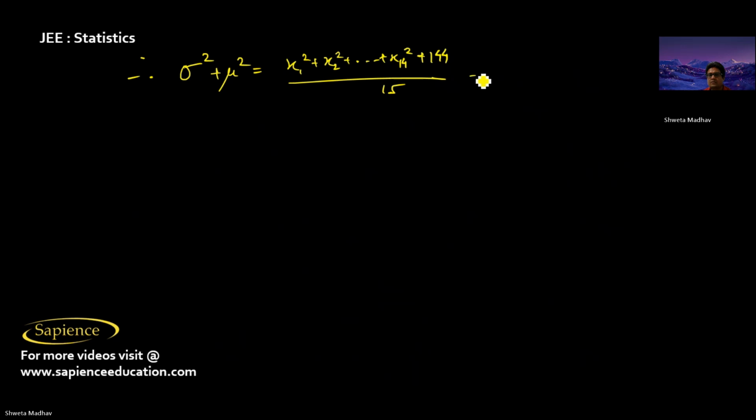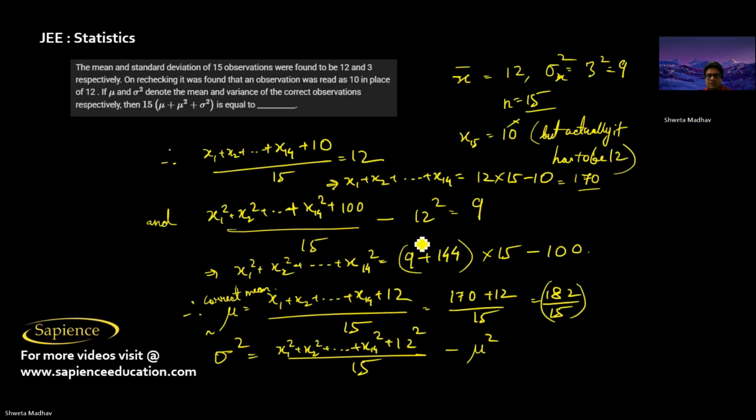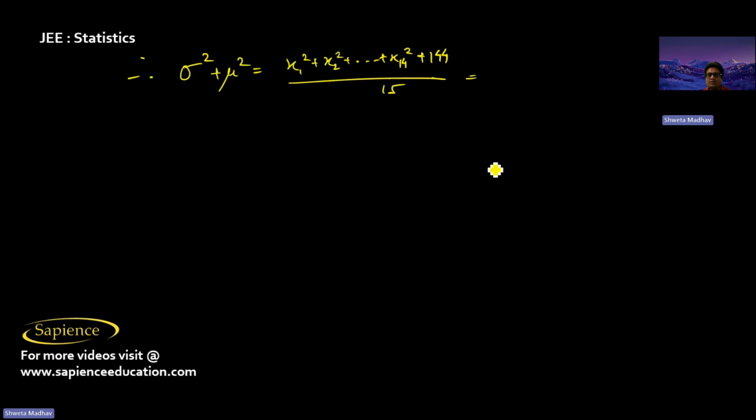Now therefore sigma square plus mean square will obviously be x1 square plus x2 square plus dot dot plus x14 square plus 144, divided by 15, which will be 9 plus 144, into 15, minus 100, plus 144, divided by 15.